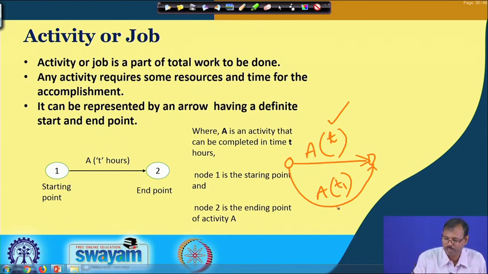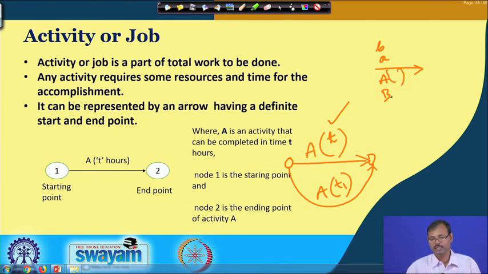That means an activity is represented by an arrow, and the name of the activity is placed with whichever symbol you are using, and in the bracket you mention the important thing which you wish to analyze, in this case it is time.